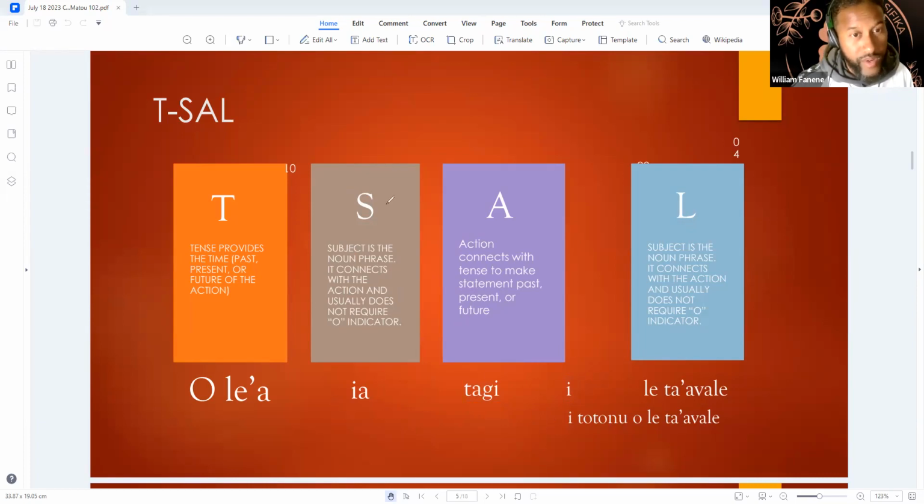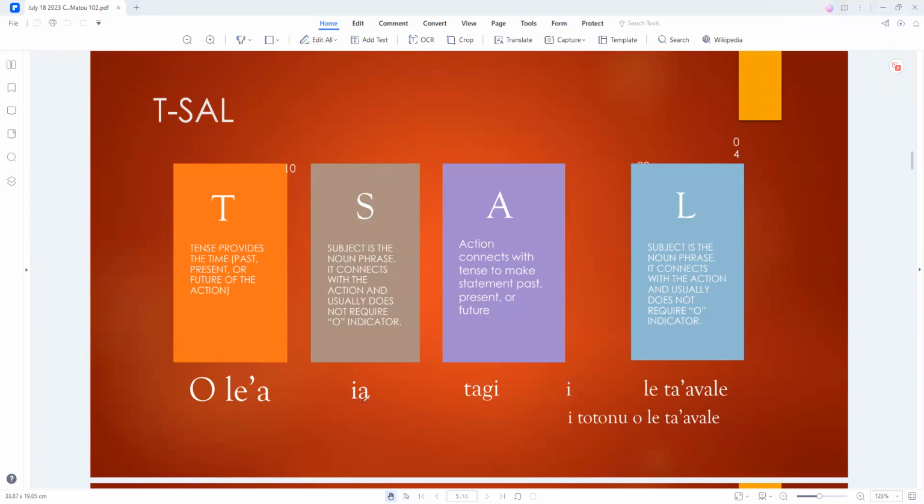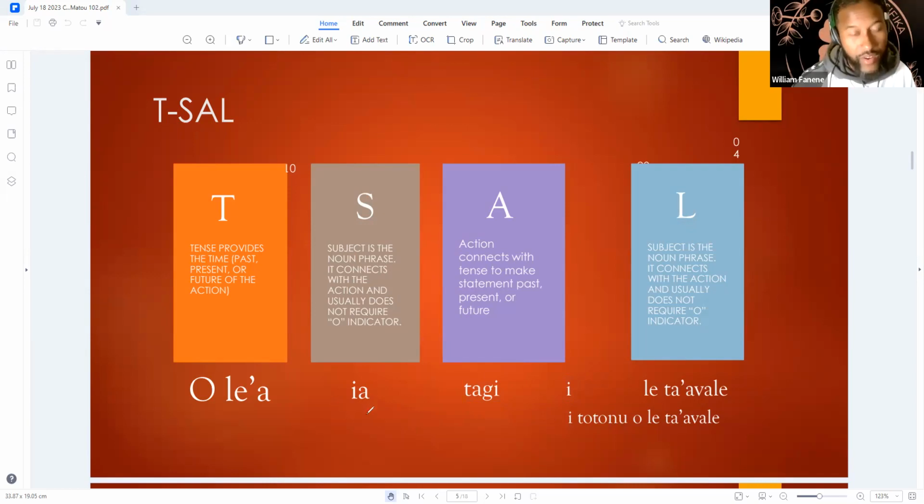Whenever you're having trouble, just break it down. He will cry in the car, or she will cry in the car, or it will cry in the car. We're going to break every single phrase down one by one, and after a while it just becomes second nature.